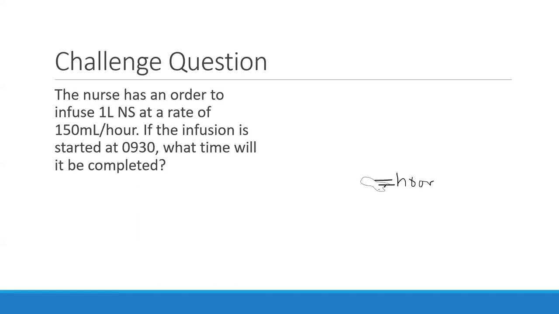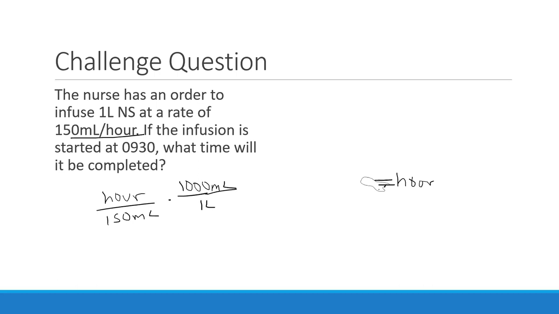Okay, so on here, what has hour? Right there. So I'm going to put hour over 150 mLs. Can I leave it that way? No, I cannot. So now I need to get rid of mLs. So now we've got 1,000 mLs all over 1 liter.